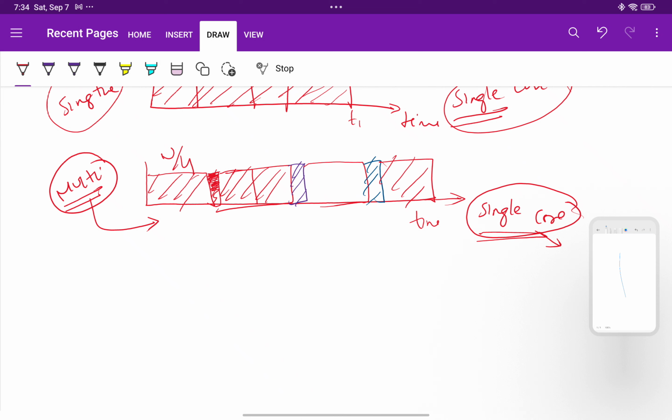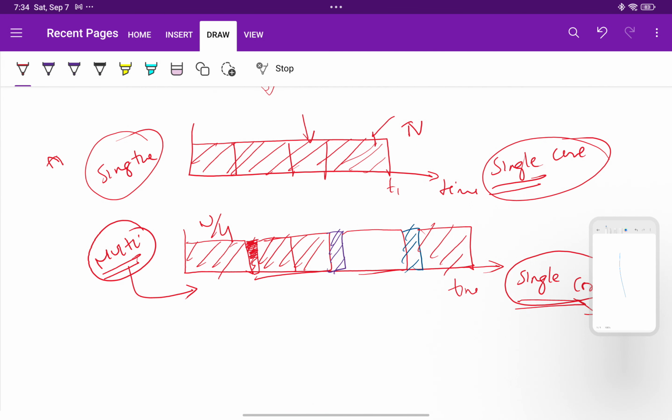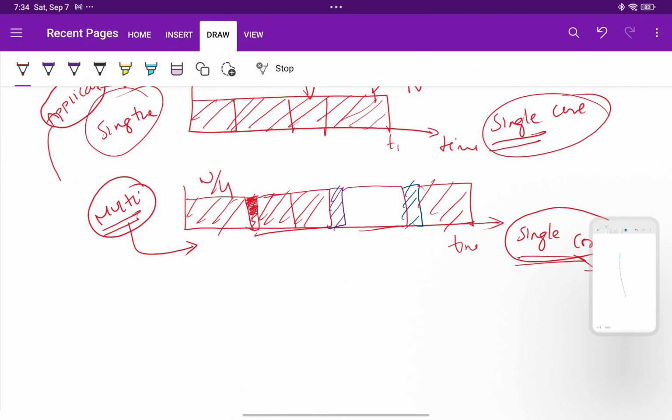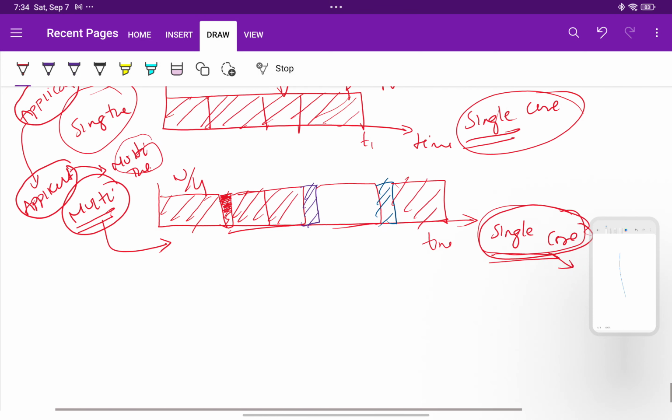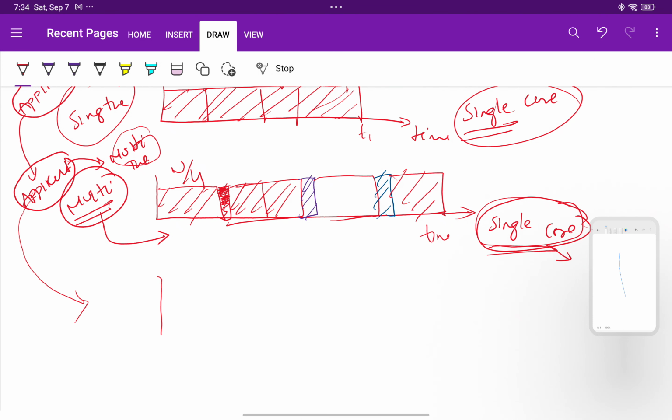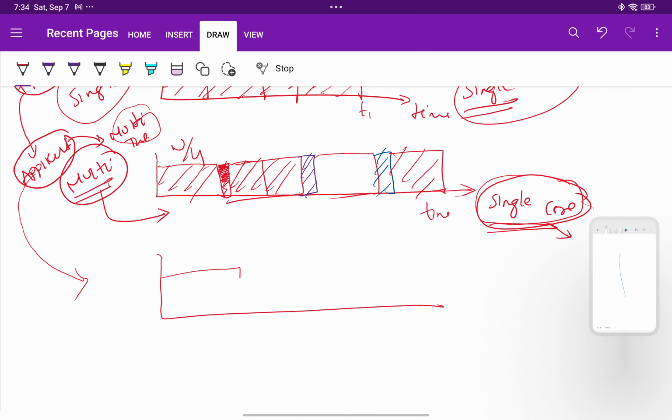Now we take the same application. Suppose this is application 1. The responsibility of application 1 is the same, but it is designed with single thread. Now the same application, same responsibility, is designed with multi-thread, so we have seen the drawback of the multi-thread application deployed in single core. Now the same multi-thread application deployed in multiple cores: this is n by 4 task, this is n by 4 task, this is n by 4 task.